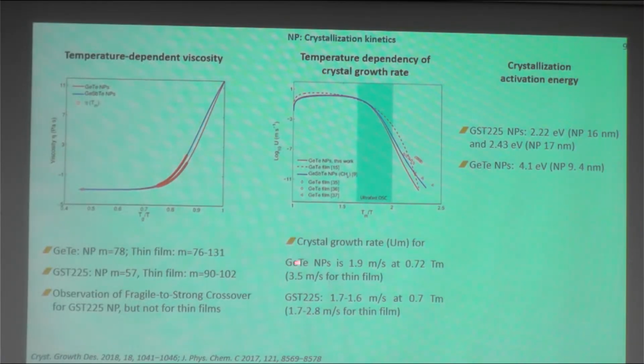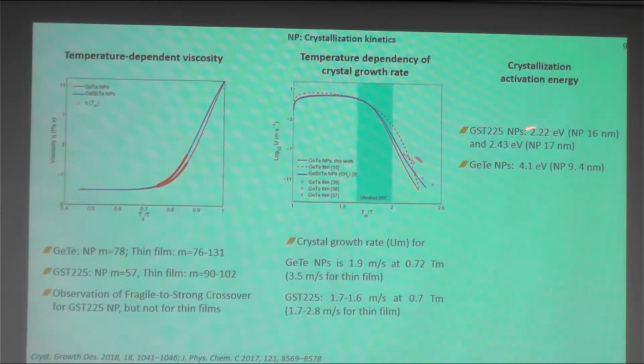The crystal growth rate actually changes in another direction. For germanium telluride nanoparticles, it is a little bit lower than for thin film, and for GST225, it is in the range of thin film. So the crystallization activation energy for GST225 nanoparticles is 2.2 for size 16 nanometers, 2.4 for 17.